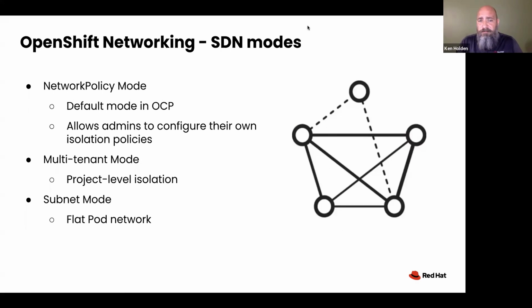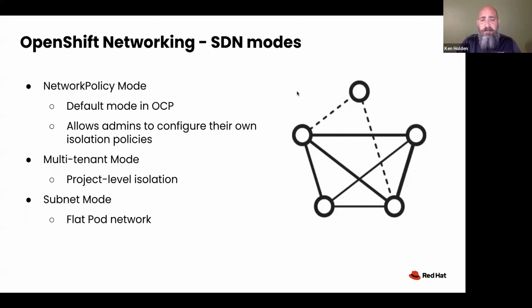So to support different networking use cases, OpenShift SDN provides three modes for configuring the pod network. The network policy mode allows project administrators to configure their own isolation policies using network policy objects. This is the default mode in OpenShift Container Platform today. The multi-tenant mode provides project level isolation for pods and services.